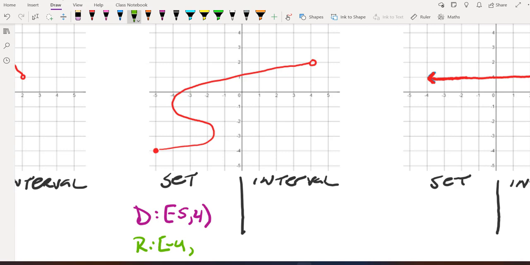Okay, now we go to the top value of y, the maximum value. We're sitting at this point here. What is the y value and what kind of bracket? Circle, and what's the value? 4. Not 4. 2, because that 4 is the x value. We're looking for the y values for range. 2, with the round bracket. There we go.